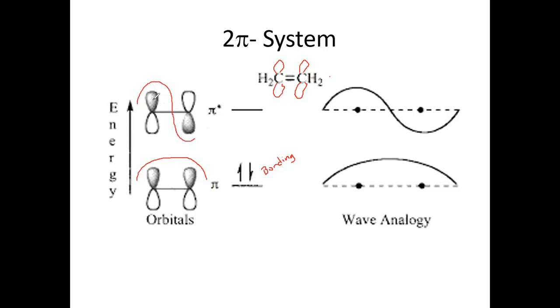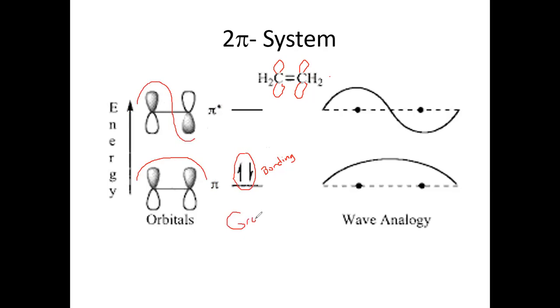You see how this is shaded and this is unshaded? That sign change means that the wave has passed through zero. So this is bonding, and this is where I'm going to put my two electrons, because keep in mind, this is a 2-pi system, so I'm only working with two pi electrons. I'll put them both here, and this is in the ground state.